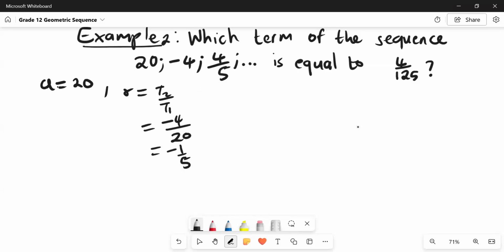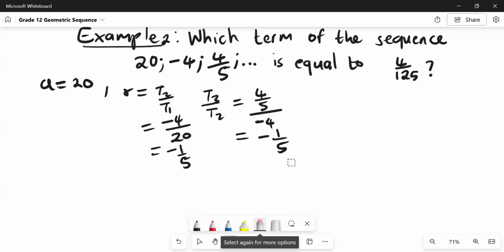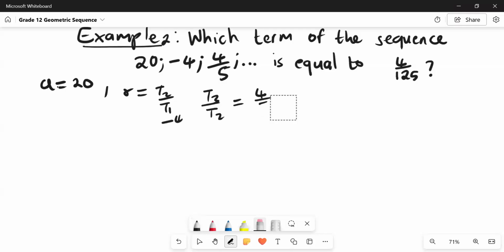Same applies to T3 over T2. What do you get? You have 4 over 5 divided by negative 4. And again, when you use a calculator, you get minus 1 over 5. So basically our R is equal to minus 1 over 5.